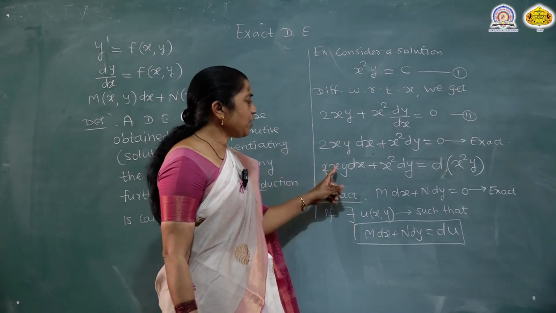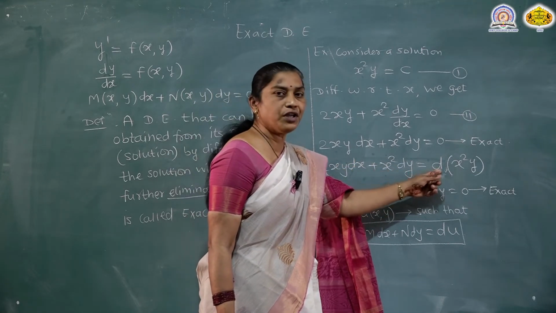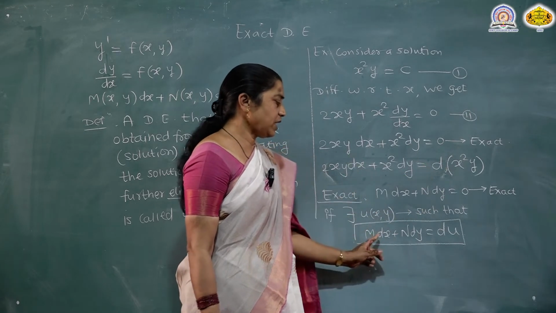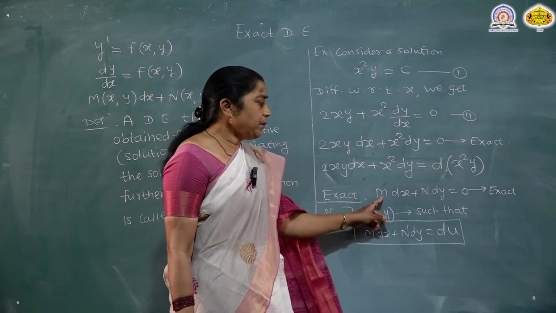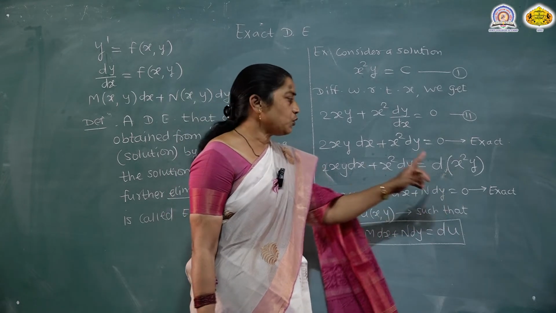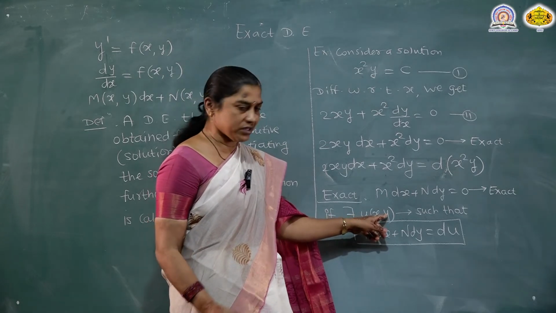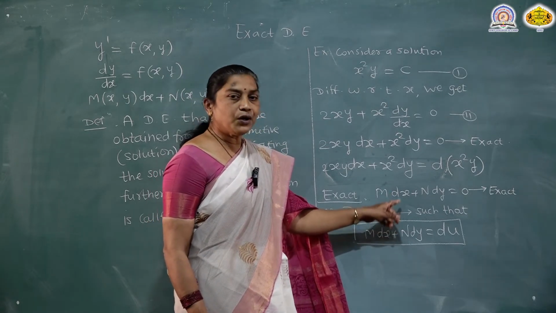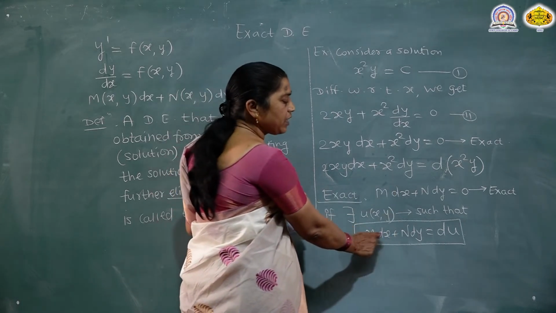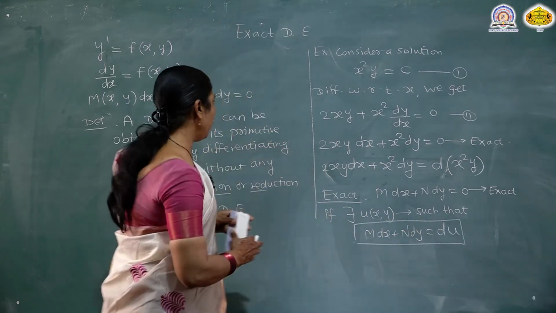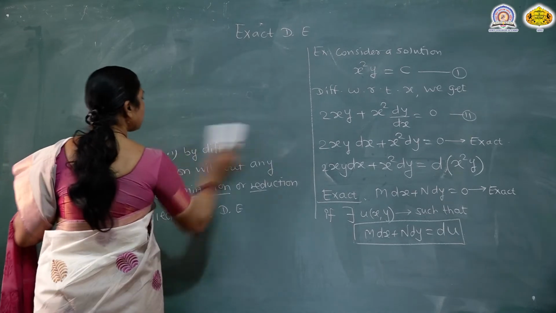See, this is exact because 2xy dx plus x square dy is equal to d of x square y. So, the simple definition of exact is: M dx plus N dy equal to 0 is said to be exact if there exists a function u of x y having continuous second order partial derivatives such that M dx plus N dy equals du.